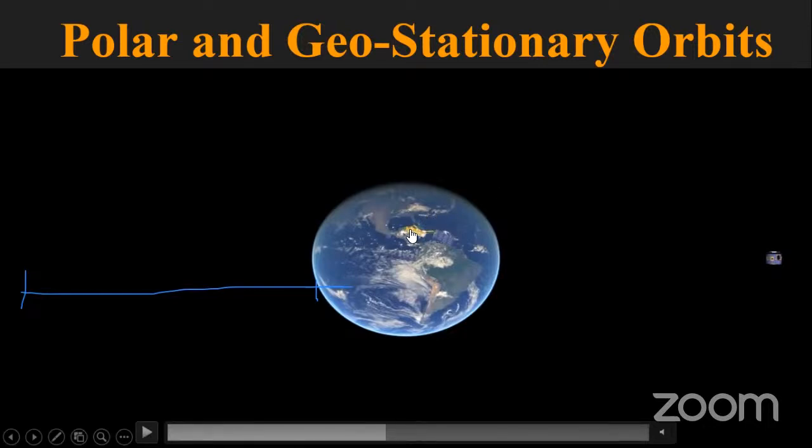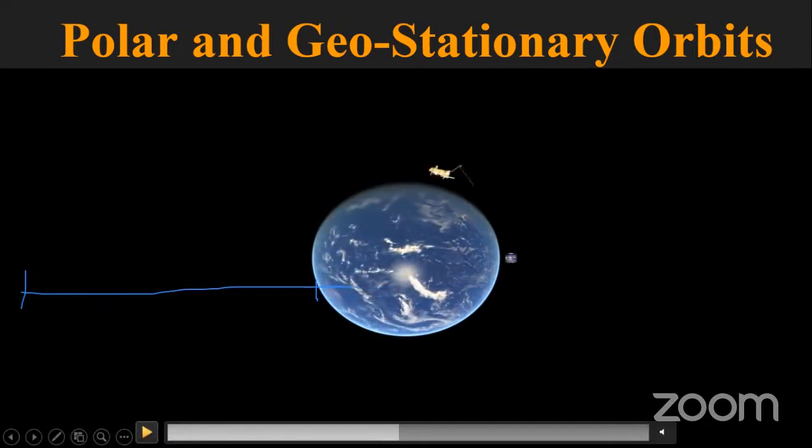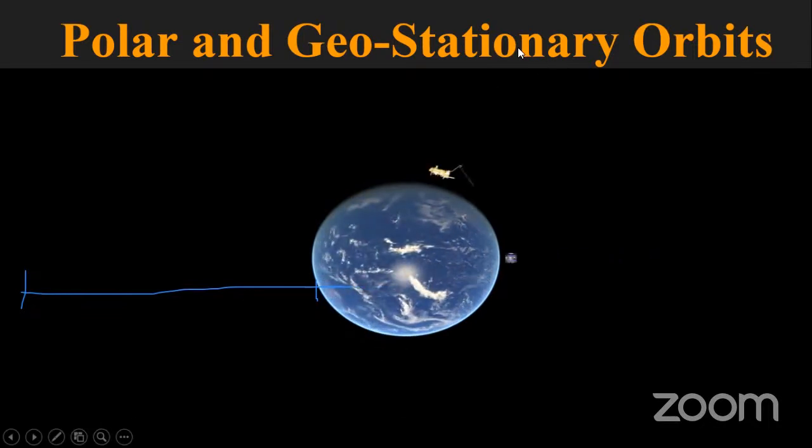And the second thing you will be able to observe is that this is at a large distance from the Earth, and this is at a smaller distance from the Earth. See, you can observe this. This is at a very small distance from the Earth, whereas this geosynchronous one was at a very large distance from the Earth.